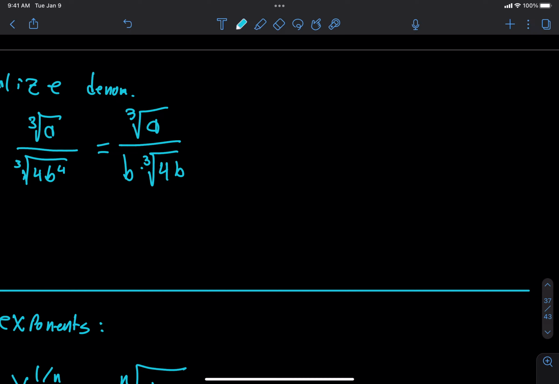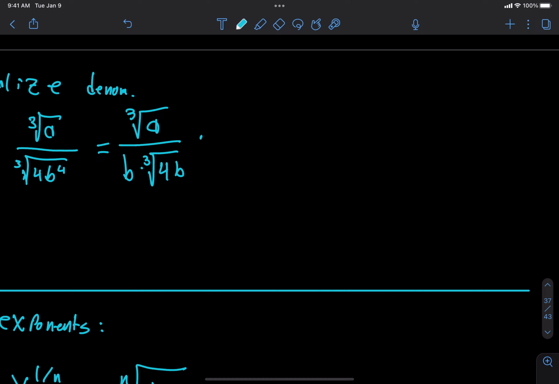Well, I have a cube root of something in the denominator, but it's not in a sum, so I don't need to multiply by the conjugate. What was the first method that we used before conjugate? I'm going to multiply the top and bottom by not the whole denominator, but just the root part of the denominator.